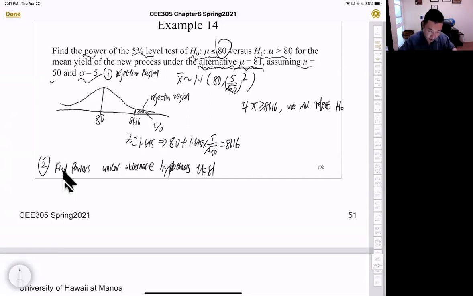The alternative distribution will have a new mean value of 81. The variance will not change, same variance.